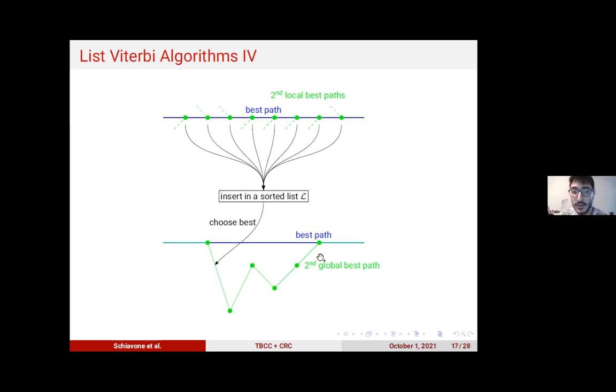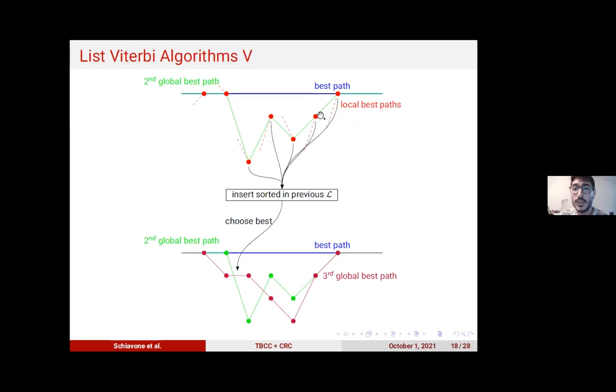Then, if the second is not okay, we can look at the local best paths of the second global best path and insert them in the previous list we had before, choose the best among all, and this will give us the third global best path. And if the third global best path is not enough, we can go on and on, okay?